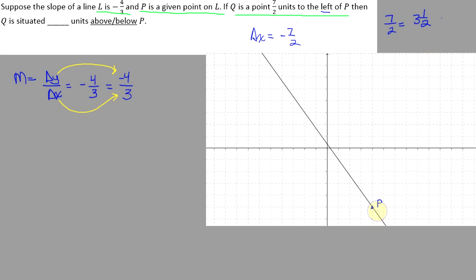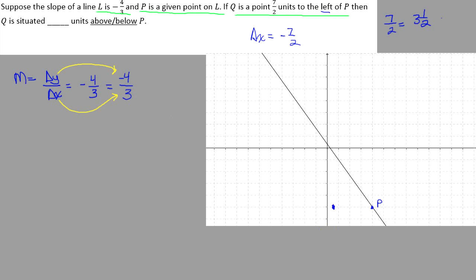So now going back down here to P, if delta x is minus, which means left, 7½ units, or 3½, I have to go 1, 2, 3½ right there. And that's going to correspond, kind of a tick mark. It's not the point Q, it just corresponds to the x-coordinate of my point Q.